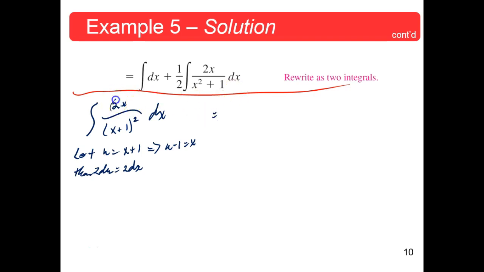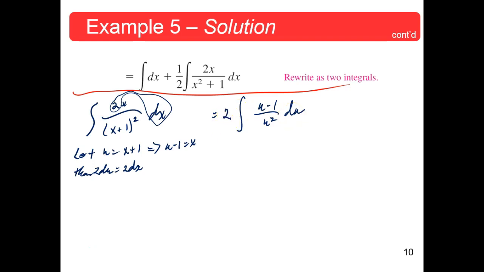All right, so I'm going to put the 2 on the outside and do the integral, and the x then becomes u minus 1 over u squared times du, because 2 du was 2 dx.